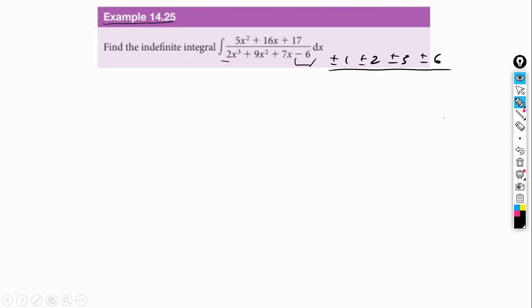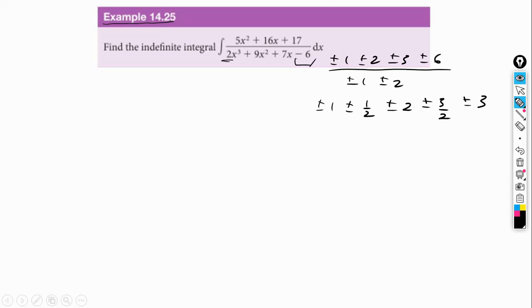We would have to divide these by the possible divisors of the first coefficient, so plus minus 1, plus minus 2. So all the possible combinations here would be plus minus 1, plus minus 1/2, plus minus 2, plus minus 3/2, and finally plus minus 3.